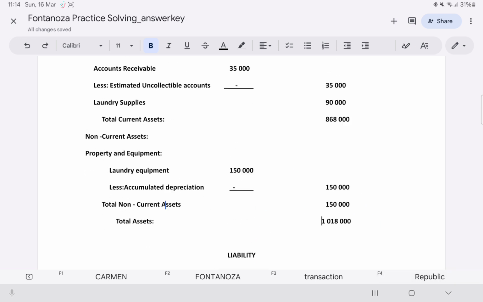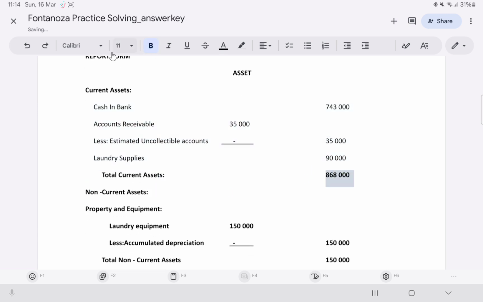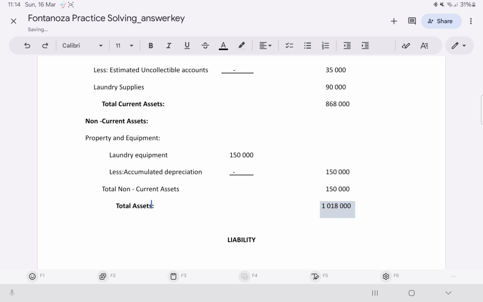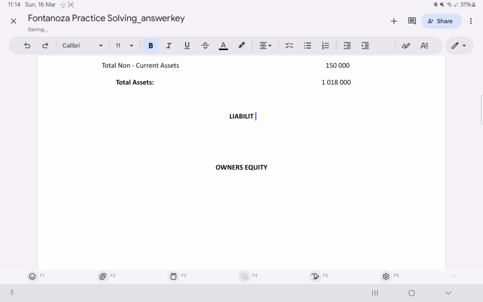And now let's proceed to liabilities and owner's equity.